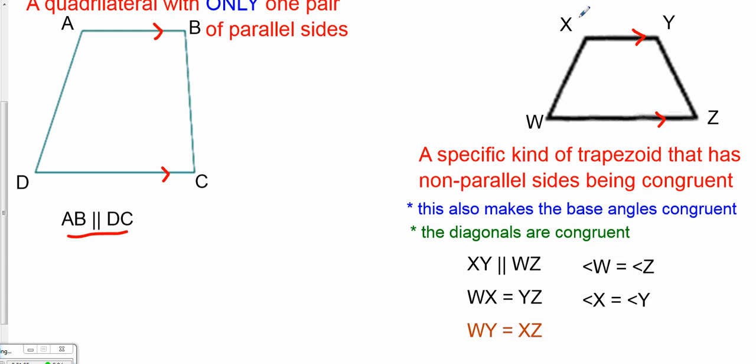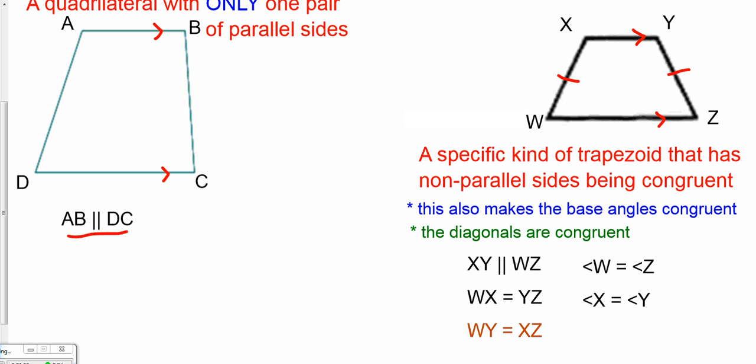So we can say if WXYZ is a trapezoid, then XY is parallel to WZ. That's this information. And because we want the non-parallel sides being congruent, we can also say that WX equals YZ. This one is congruent to this one. These are the exact same length.